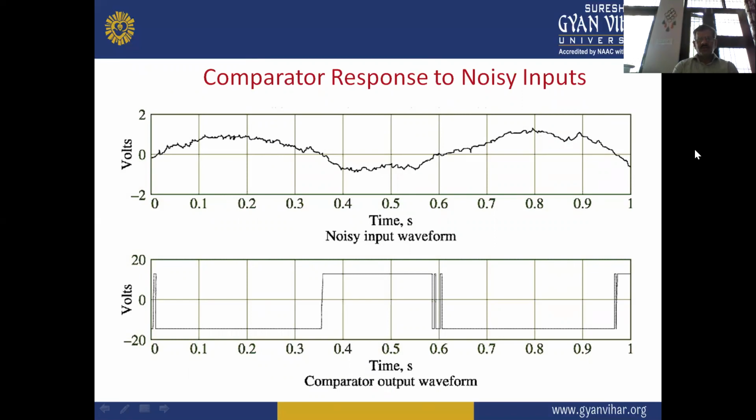Comparator responds to noise inputs. The first waveform diagram shows the noisy input waveform, and the second waveform diagram shows the comparator output waveform, that is the shape of a square.